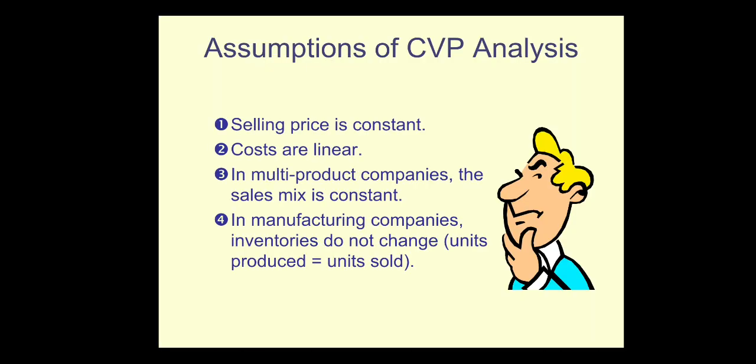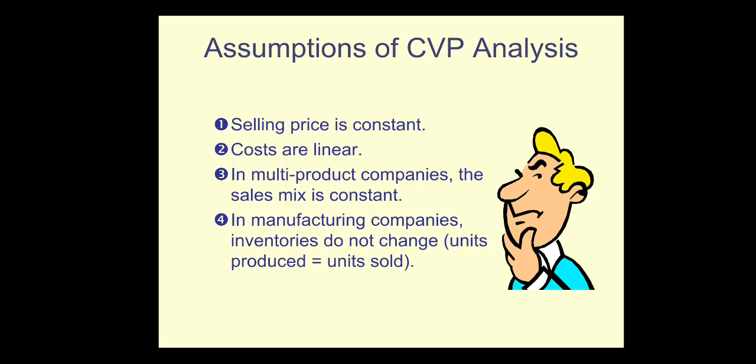Okay, this is the last slide related to the CVP analysis that you have seen in the previous slides. When you do the CVP analysis, including the break-even point calculation and the target profit calculation, you have used several assumptions. The first assumption is selling price is constant.